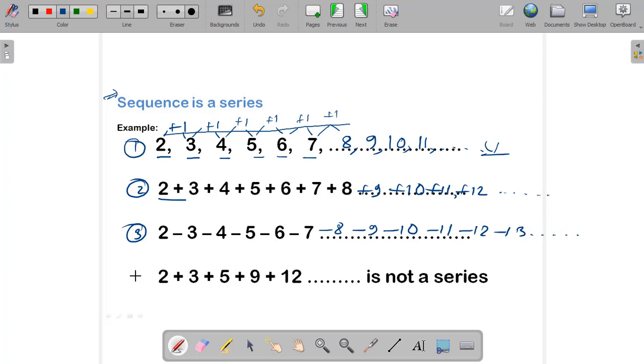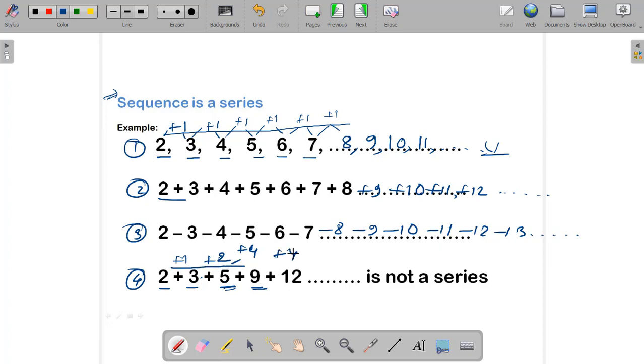But in this fourth example, we see there is 2, then 3, that means plus 1. After 3 we get 5, so there is plus 2, that means when we add 2 with 3 we get 5. But after 5 we get 9, so if we add plus 4 with 5 we get 9. So there is no proper relation.